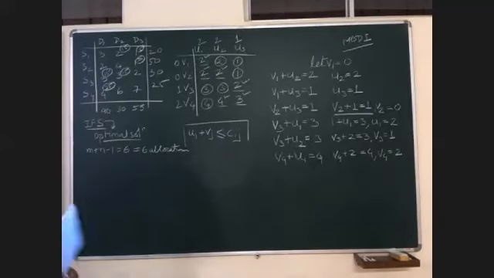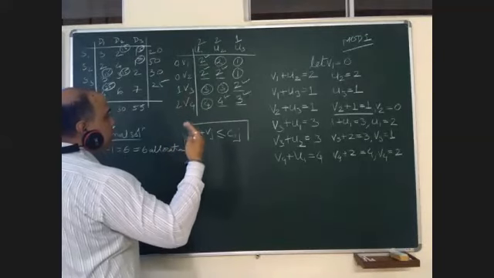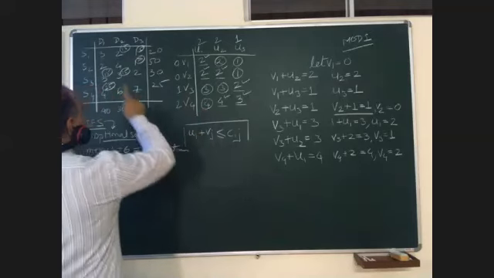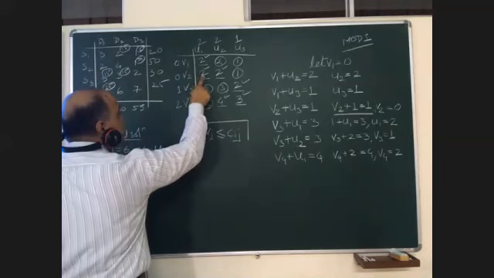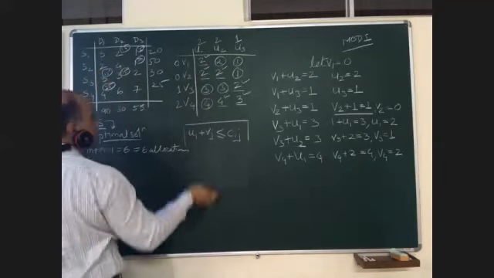Now, in the same problem, as and when the points come, I will explain. In the same problem, if this condition is equal, just check. This is 2, this is 2.